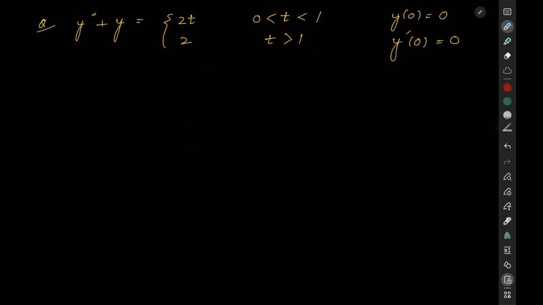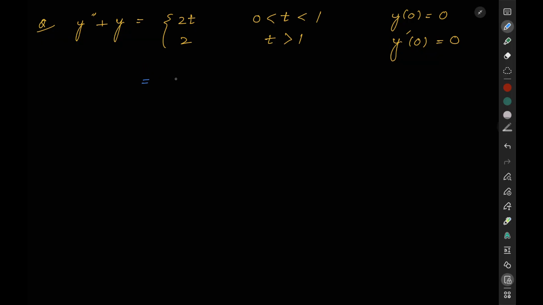Let's see another question. Here we have an initial value problem. y double dash plus y equals 2t when t lies from 0 to 1, and 2 when t is greater than 1. The initial conditions are y(0) equals 0 and y dash (0) equals 0. So first we will write the right hand side of the equation in terms of unit step functions.